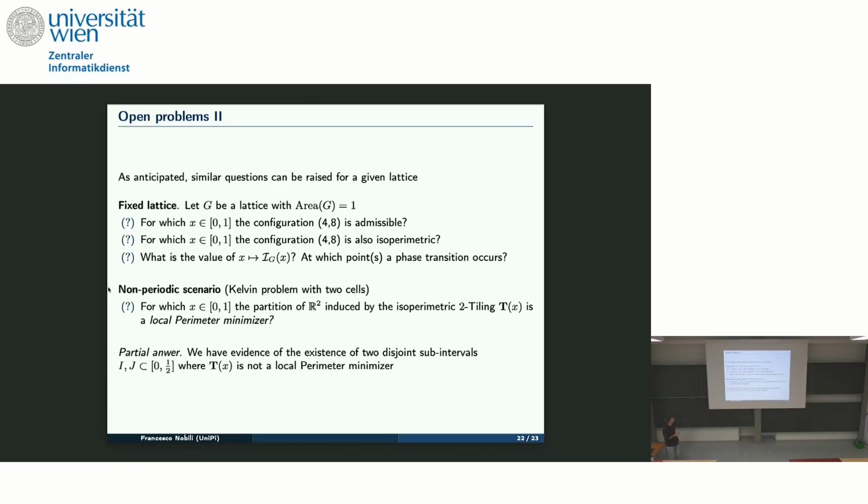And what is curious is that there might be not. So we can show there exist 2 subsets where this cannot happen because you can cook up a better one, essentially. But we don't know whether in the complement of this interval this should be the case.